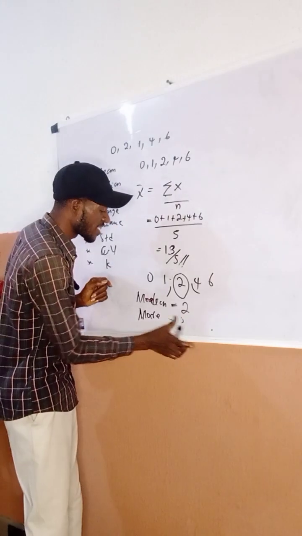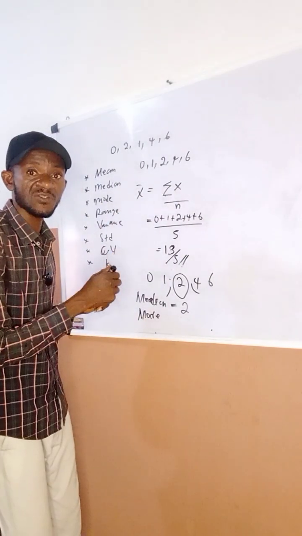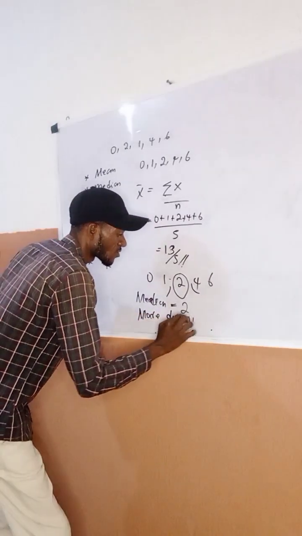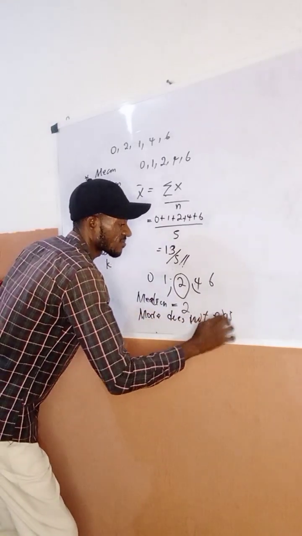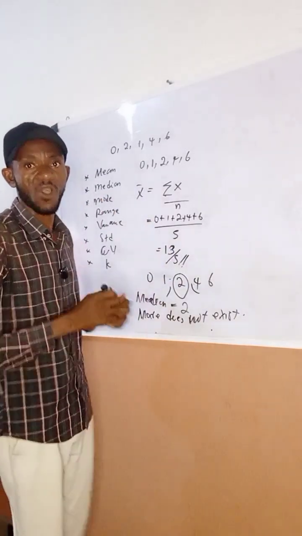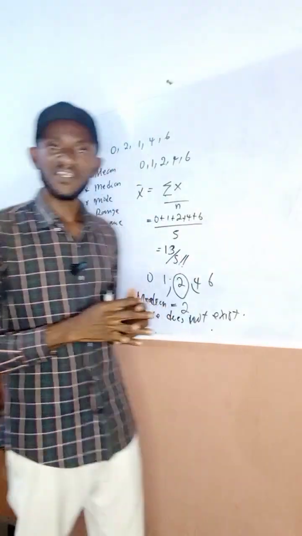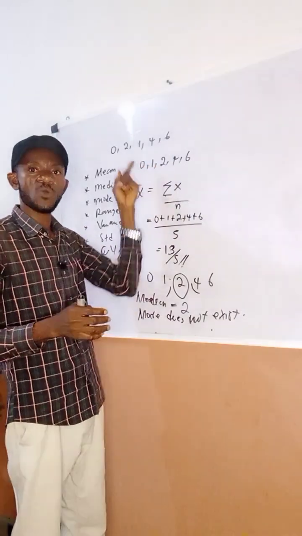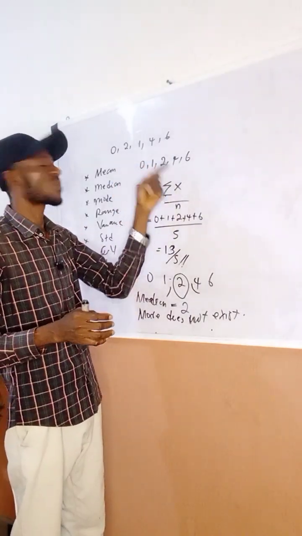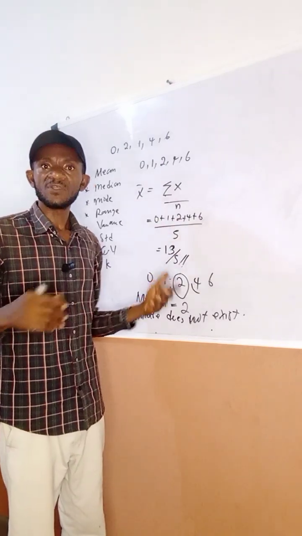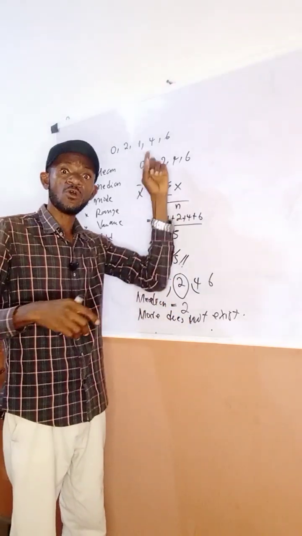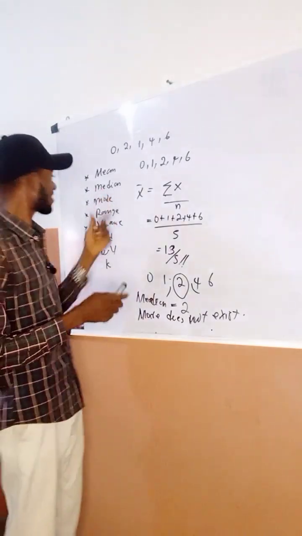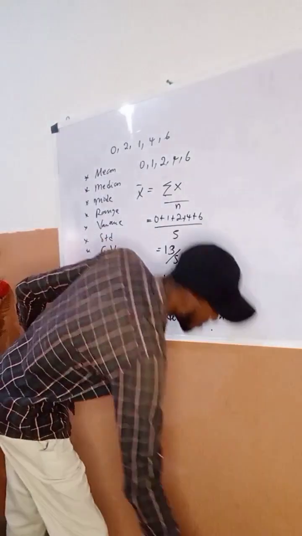So it is better to say the mode in this data set does not exist, or there is no mode. If they give this kind of data and the options say mode equals 2, mode equals 1, mode equals 4, mode equals 6, and the last option says none of the above, the answer is none of the above because there is no mode there. So that is about mode in that particular problem.